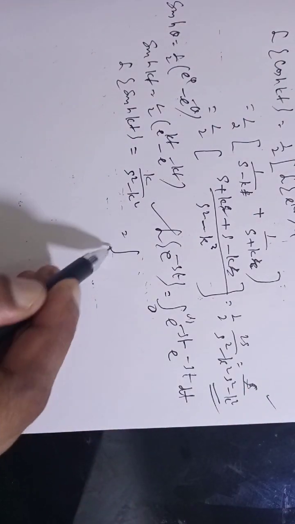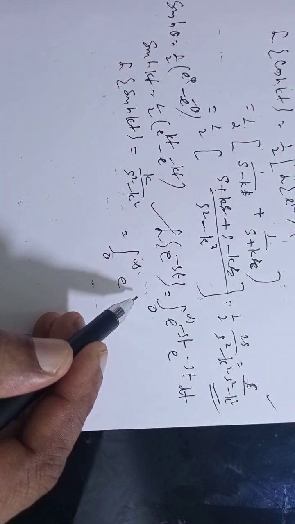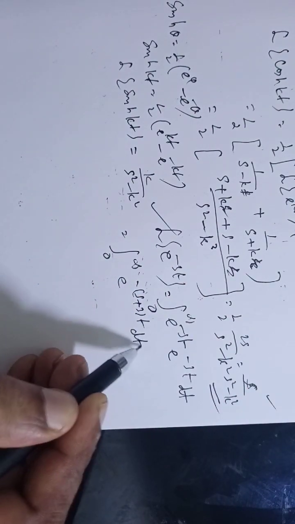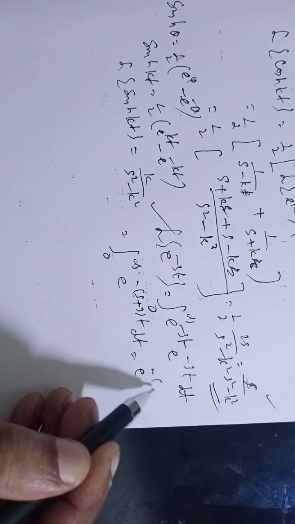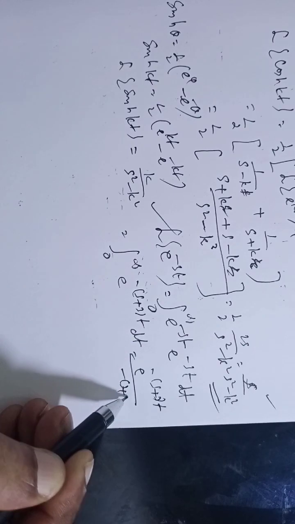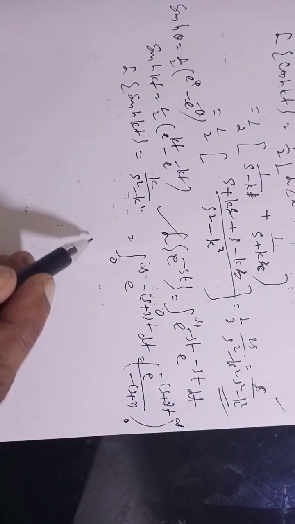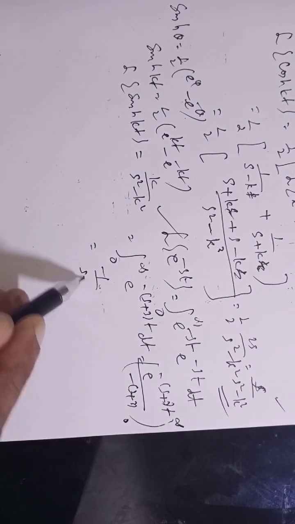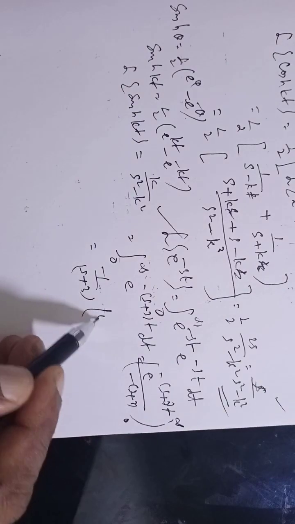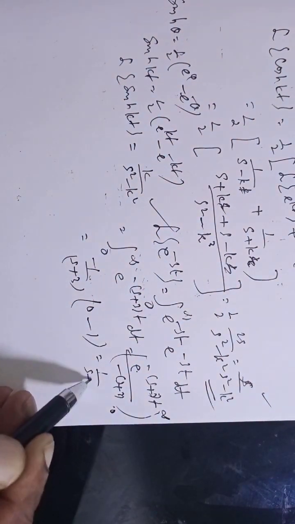Simplifying, that is integral 0 to infinity e raised to minus of s plus 3 t dt. The integral is e raised to minus of s plus 3 t by minus of s plus 3, with limits 0 to infinity. Taking minus 1 by s plus 3 outside, e raised to minus infinity is 0 and e raised to 0 is 1. Its value is 1 by s plus 3.